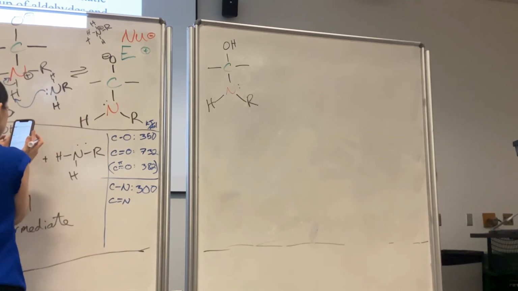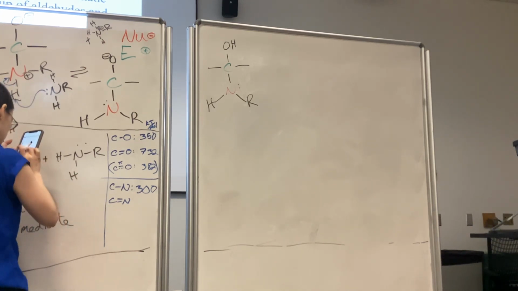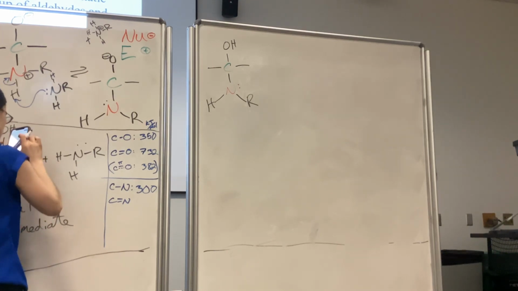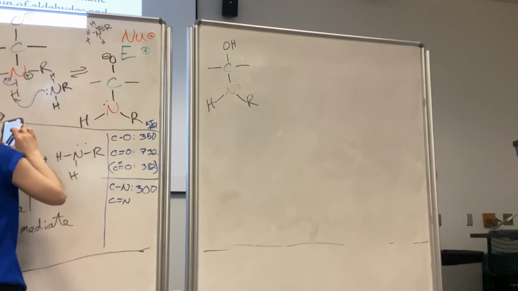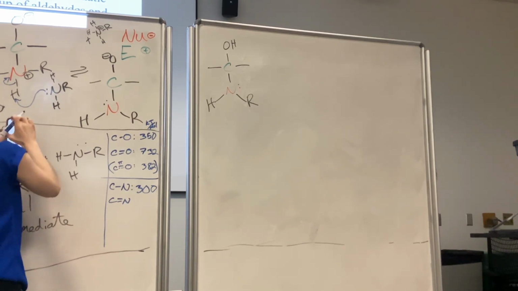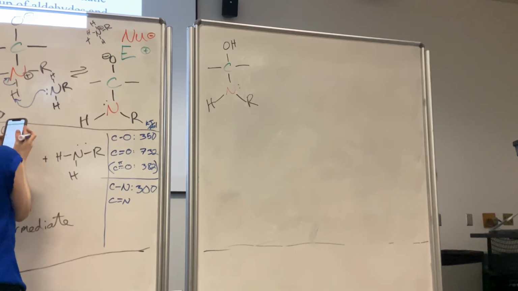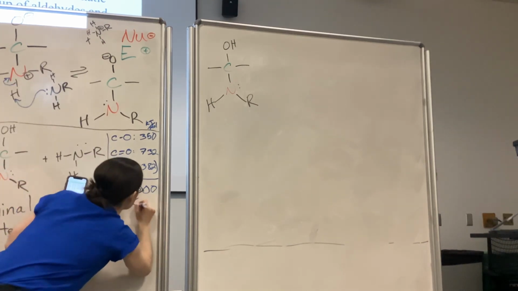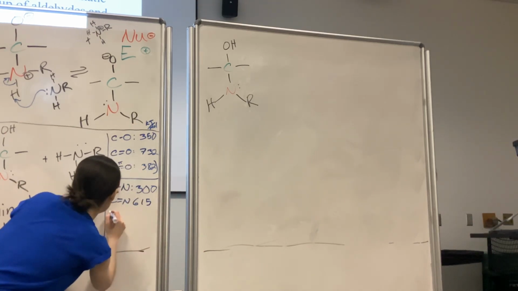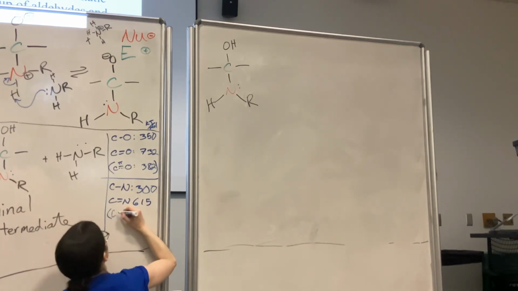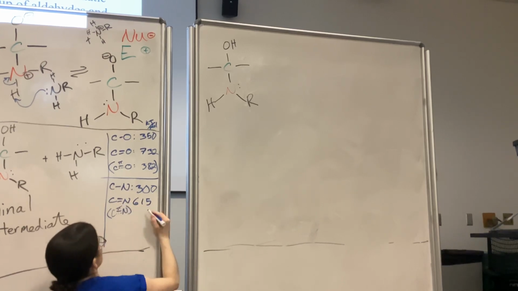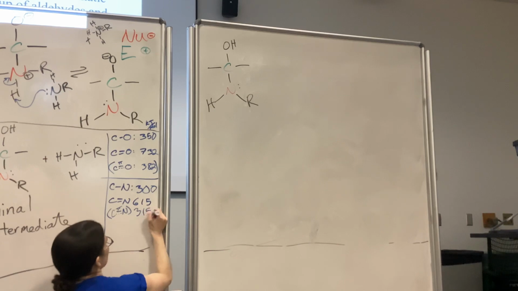Aha. 615. So, well, I don't know. The pi part of CN is 315?